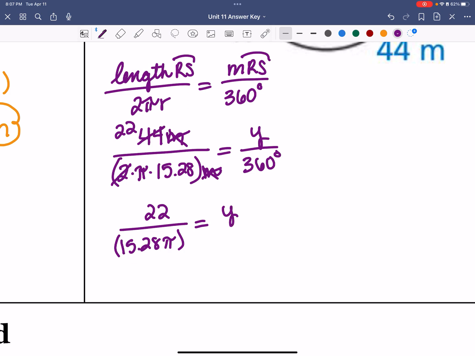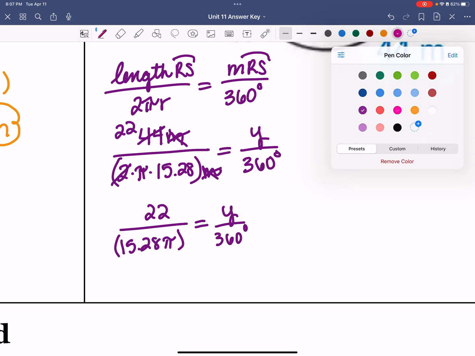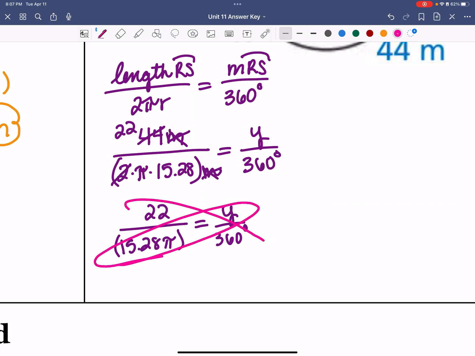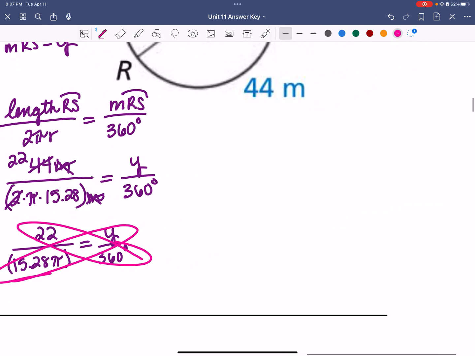And that's going to equal y over 360. Just like before, we cross multiply, changing colors. So if I come up here, I have 15.28 pi times y, and that's going to equal 22 times 360.